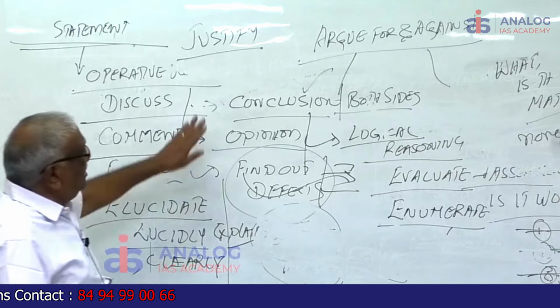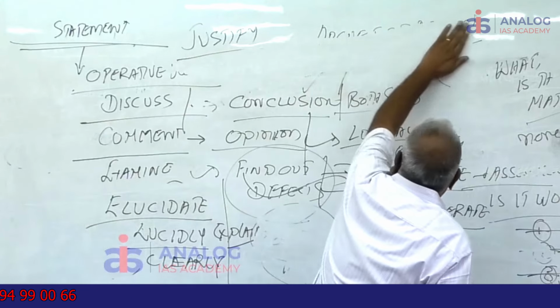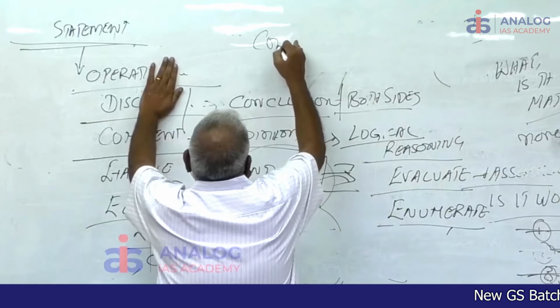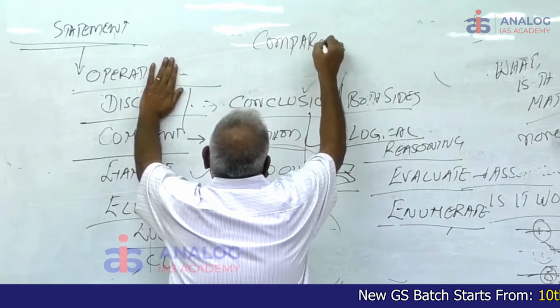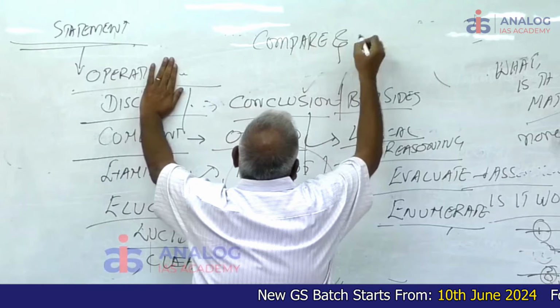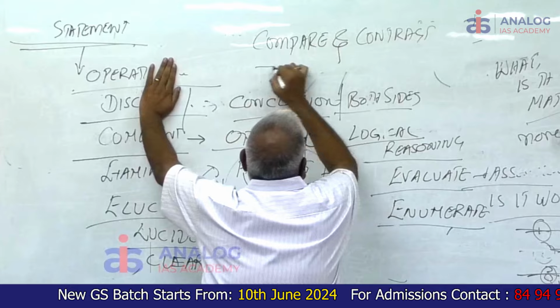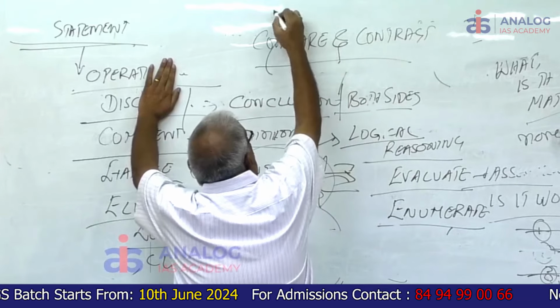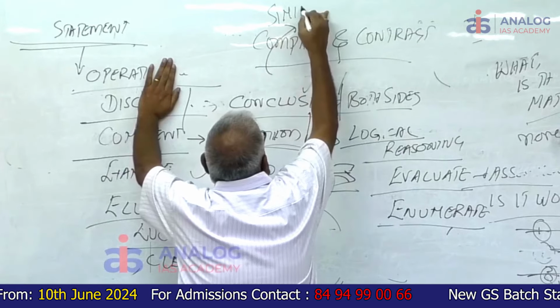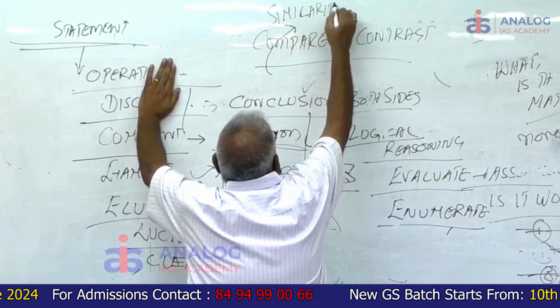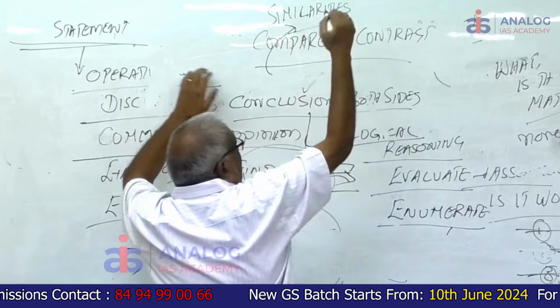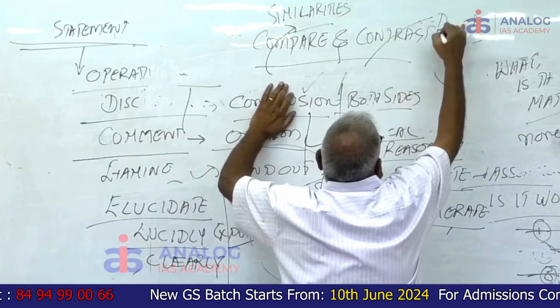Then there is another word, compare and contrast. Sometimes both may be used together. When you talk of comparing, you will have to identify the similarities. When you talk of contrast, identify the differences.